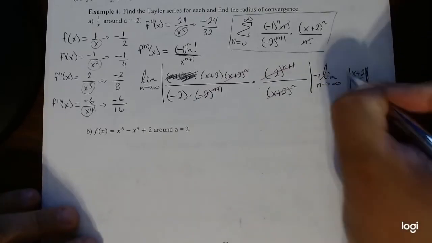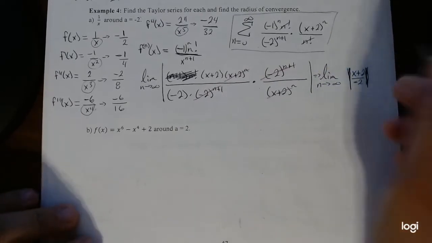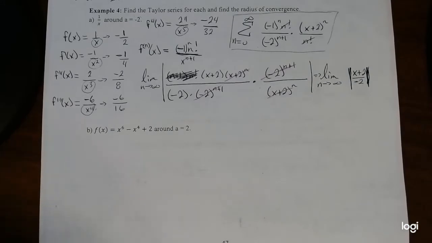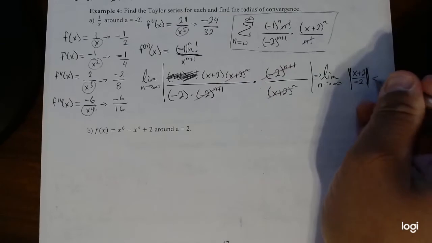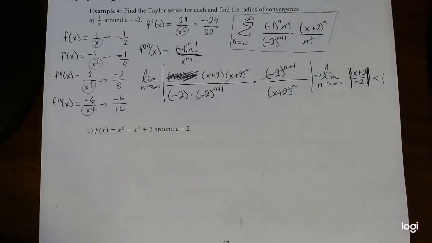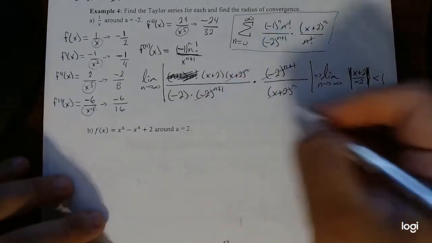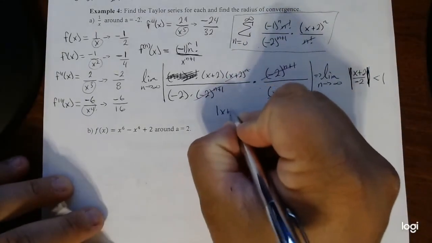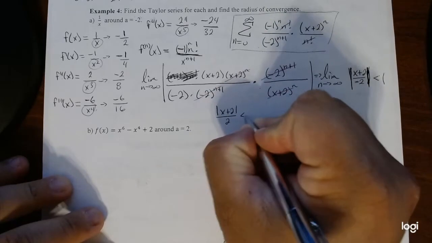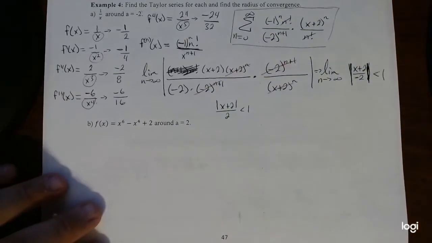Okay. So again, according to the ratio test, this only converges if it is less than 1. But again, we're taking the absolute value, which is nice. So what this is saying is the absolute value of x plus 2 over 2 is less than 1. The absolute value of negative 2 is just 2.